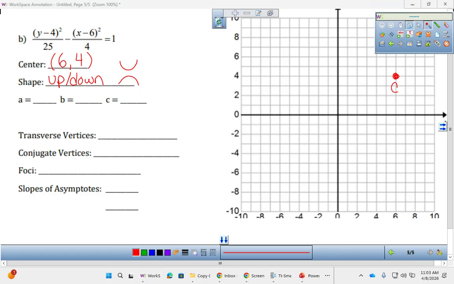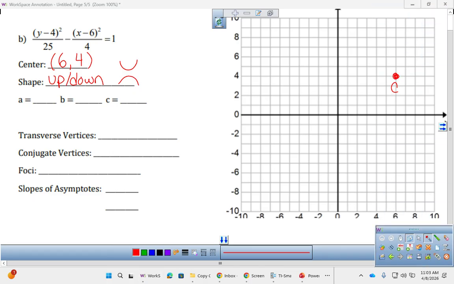And these are going to be called my transverse vertices. 1, 2, 3, 4, 5. So that first one there is at 9. And 1, 2, 3, 4, 5. The second one's at negative 1. Transverse comes first. Whatever variable comes first is the first thing that you're plotting. That goes in the transverse spot.